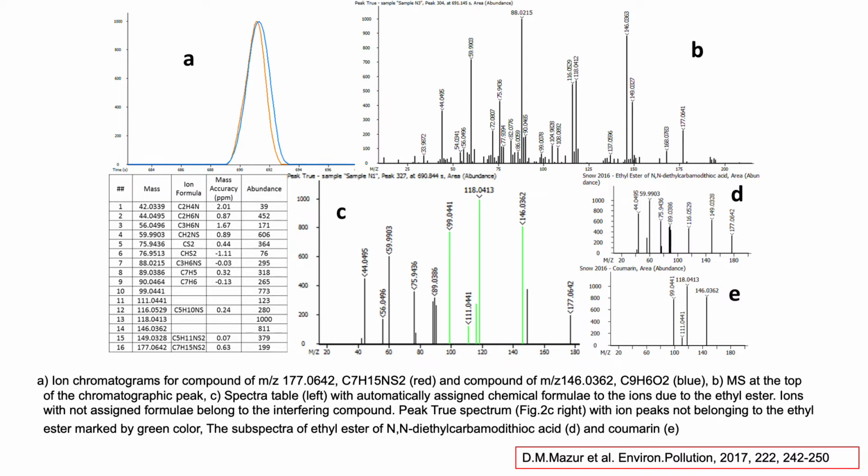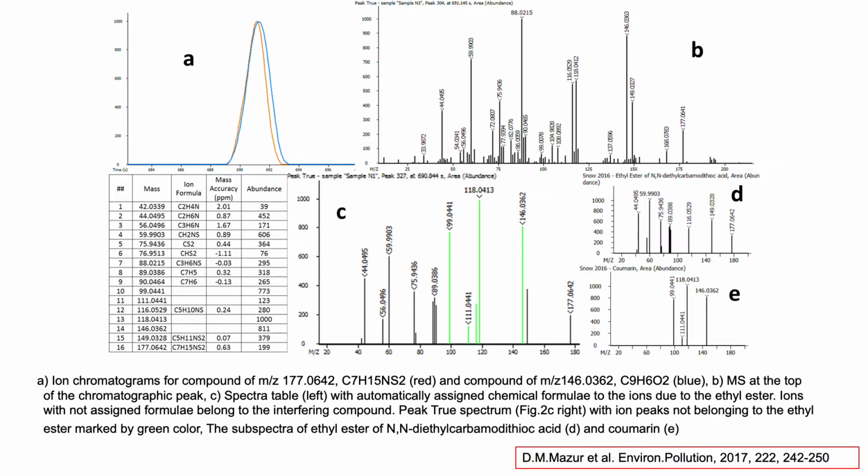So we reconstruct the mass chromatogram using the masses 177 and 146, and we get the following picture. Look, definitely we have two different compounds, but their retention times are extremely close to one another, something like 100 milliseconds. Nevertheless, the software allows separating those two chromatographic peaks and getting two different subspectra.